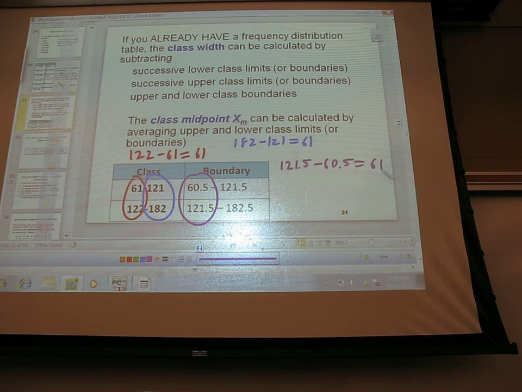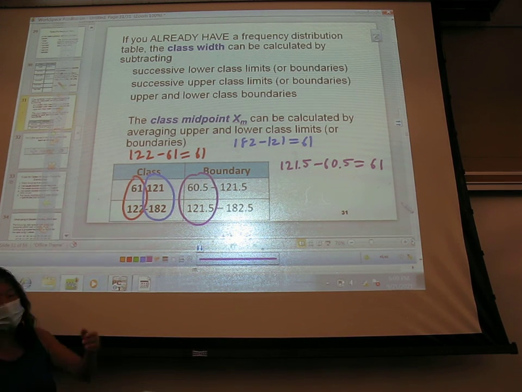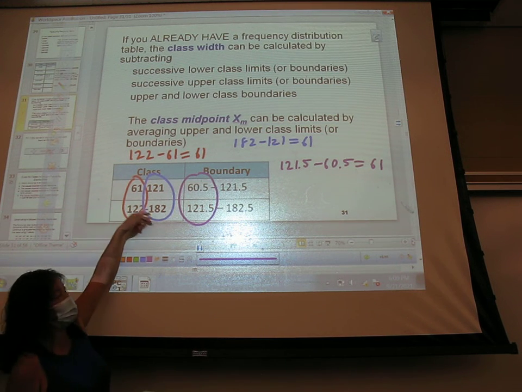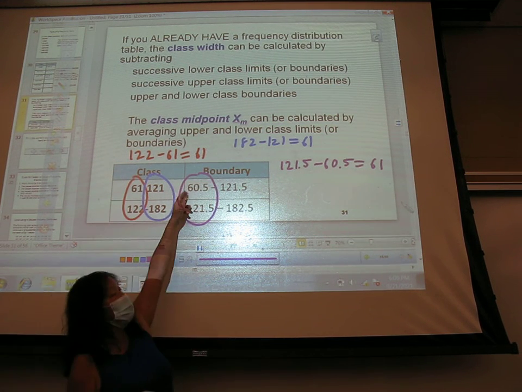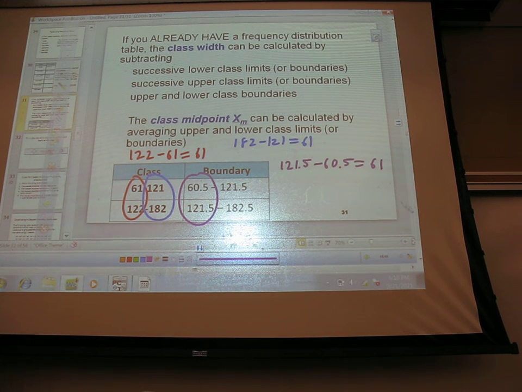Again, you get 61. So two consecutive classes are separated by the class width. You can subtract their lower limits, their upper limits, their lower boundaries, or their upper boundaries. Is that making sense, folks? So that's how you find the width. You take two consecutive classes and you find the distance between them.